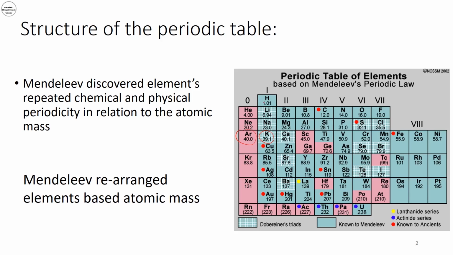Also, he couldn't explain the large jump between 1 and 4. So for hydrogen the atomic mass is 1, then the next atomic mass starts from 4. Those gaps needed another way to be explained.